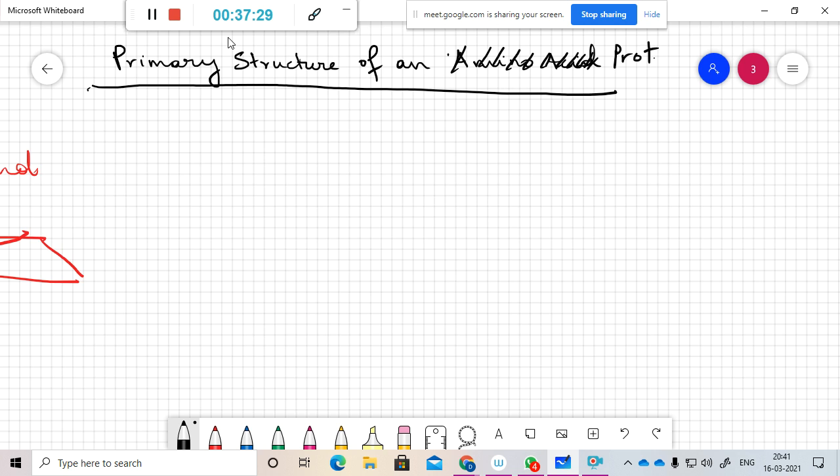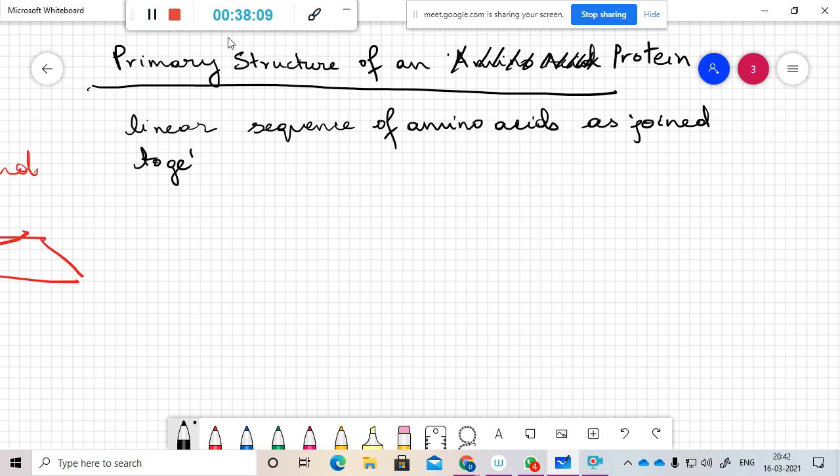The primary structure of a protein or polypeptide is the linear sequence of amino acids as joined together by peptide bonds.